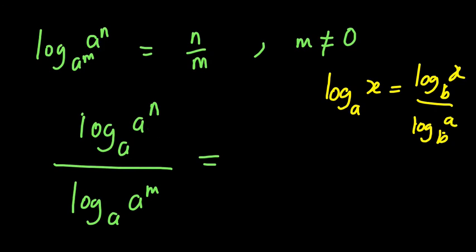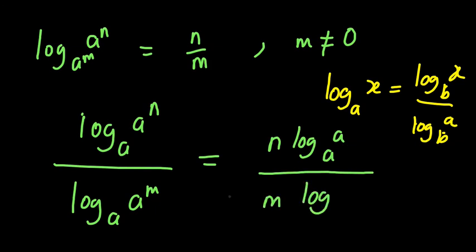Since this is power n and this is power m with the same base, a and a, we can apply the identity property. If it was b, it would be a different case, and I'll explain that later. Now let's simplify our logarithm, which is n over m, because the logs simply cancel out, each being 1.